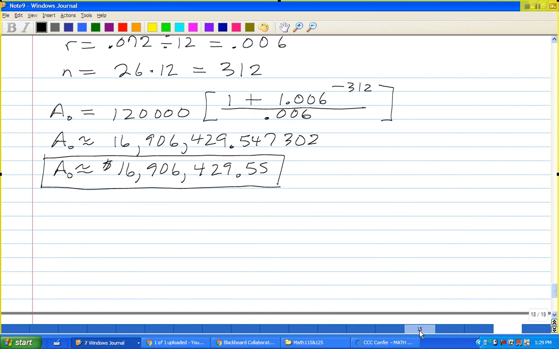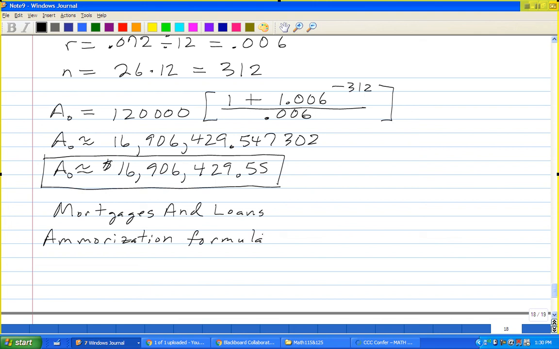Okay, let's do mortgages and loans. This is the amortization formula for equal payments.